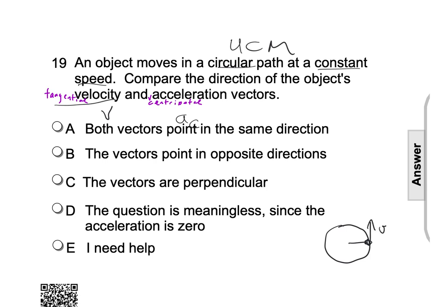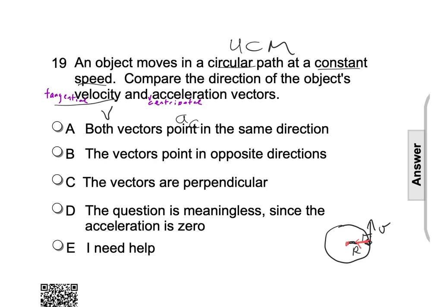There's tangential speed, tangent to the circle, but perpendicular to the radius. And there is a centripetal acceleration pointing inward to the center of the circle.